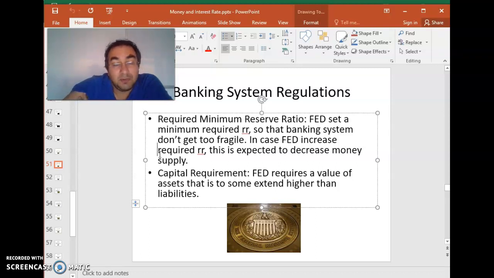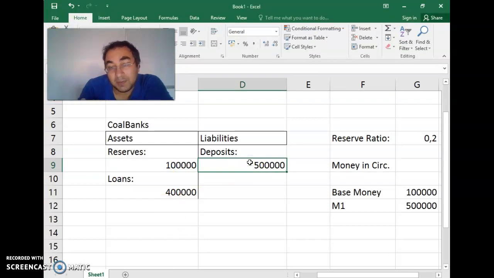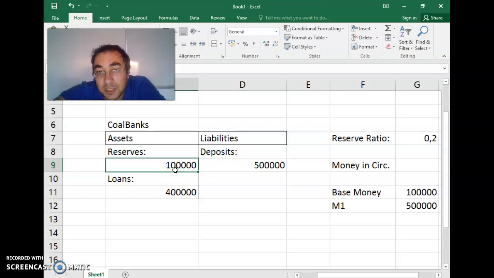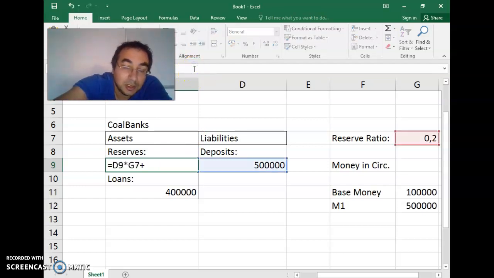So in our case of the call bank, if it is 20%, the bank should put in 20% of $500,000 into the banking system.